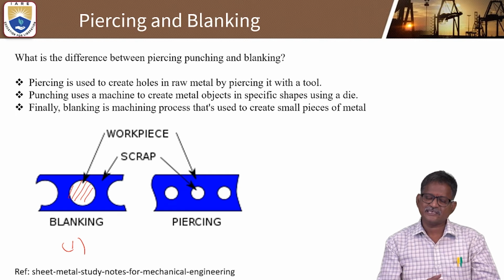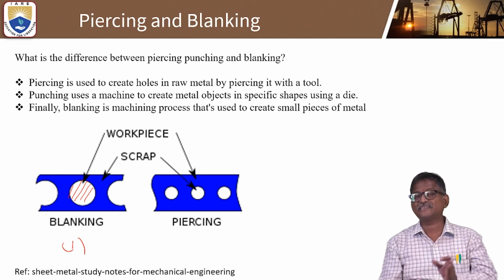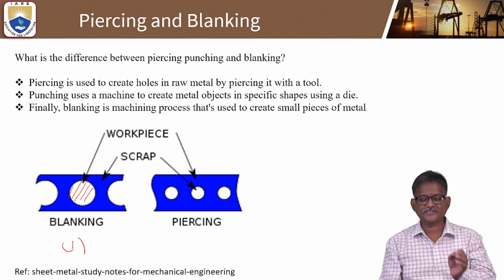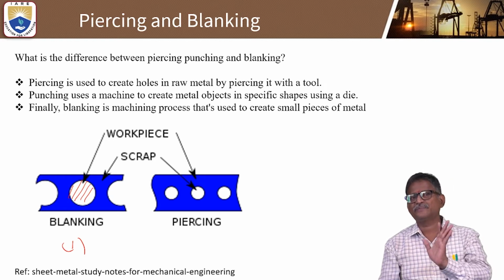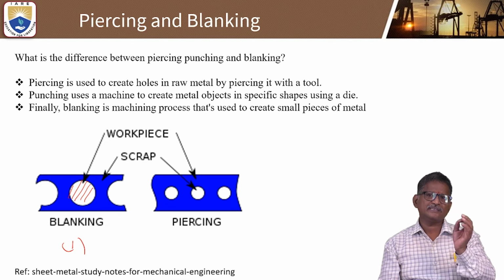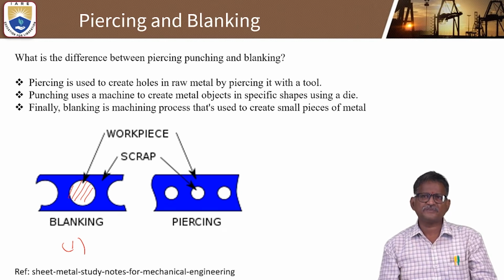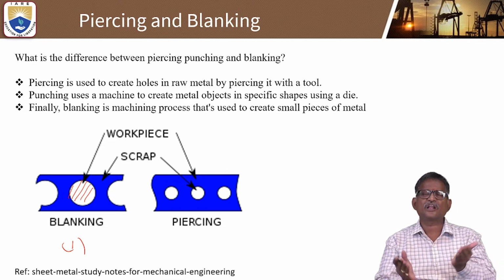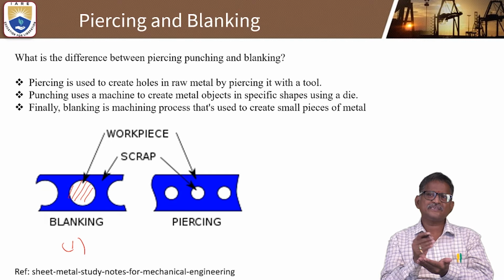Even in any examination, you should be able to explain clearly how to describe the difference between blanking and piercing operations. Let us see some important points. First, piercing is used to create holes in a raw material by piercing it with a tool.